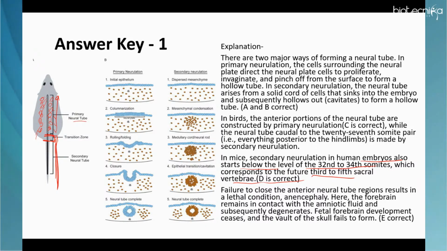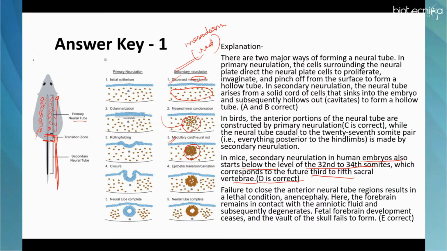Secondary neurulation forms from the mesenchymal cells. Mesenchymal cells are mostly part of mesoderm, and that we generally mark as red color in standard developmental biology books. First it starts with the condensation of the mesenchymal cells. Initially they are dispersed, but later they start condensing like this.